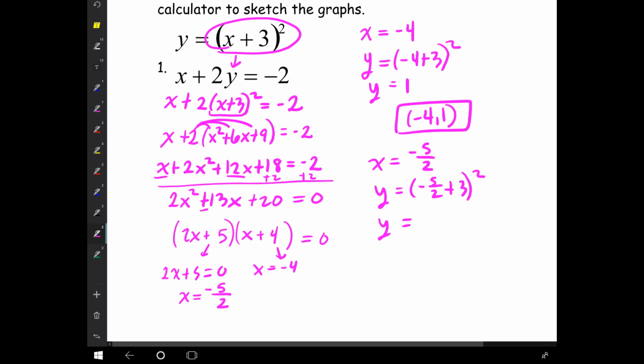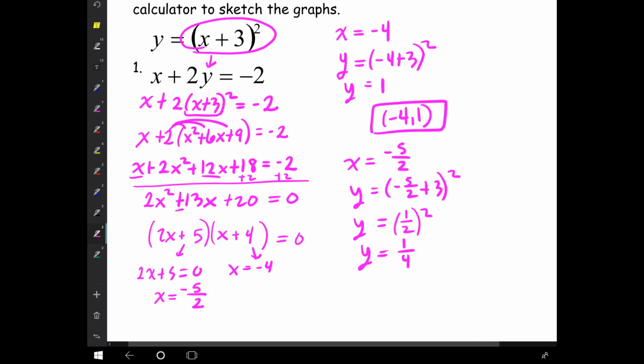If I think of that as negative 5 halves plus 6 halves, then that would be 1 half squared, and the correlating y value would equal 1/4. So that means if I'm looking at the ordered pair, my other answer would be when x is negative 5 halves, y would be 1/4.